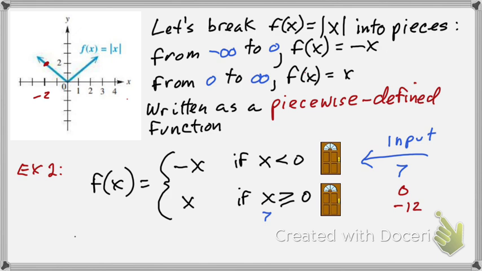That's really, literally as hard as it gets. Notice something, though. There's no overlap here. 0 is not included in both of those. The top one did not say less than or equal to 0, and the bottom would say greater than or equal to 0, because then, if I send a 0 in, which door would I pick? See, that function would not be well defined.